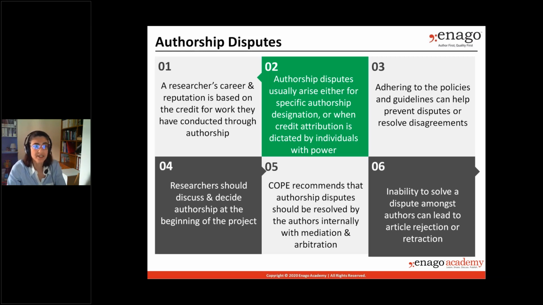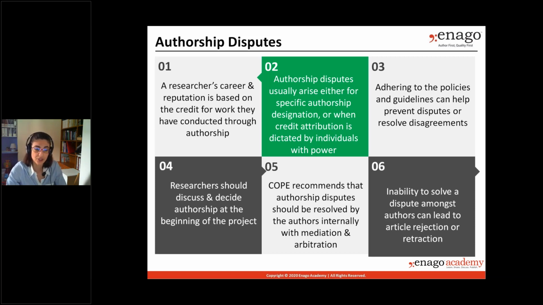Again, to avoid disputes, it's important to ensure clarity, ensure that contribution and authorship is discussed as early as possible, and a good justification is available for the position of every author along the authorship list.